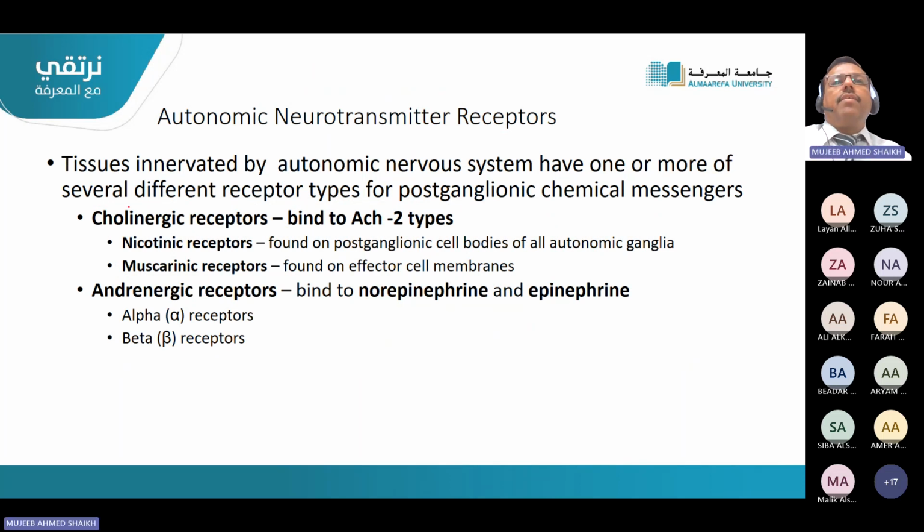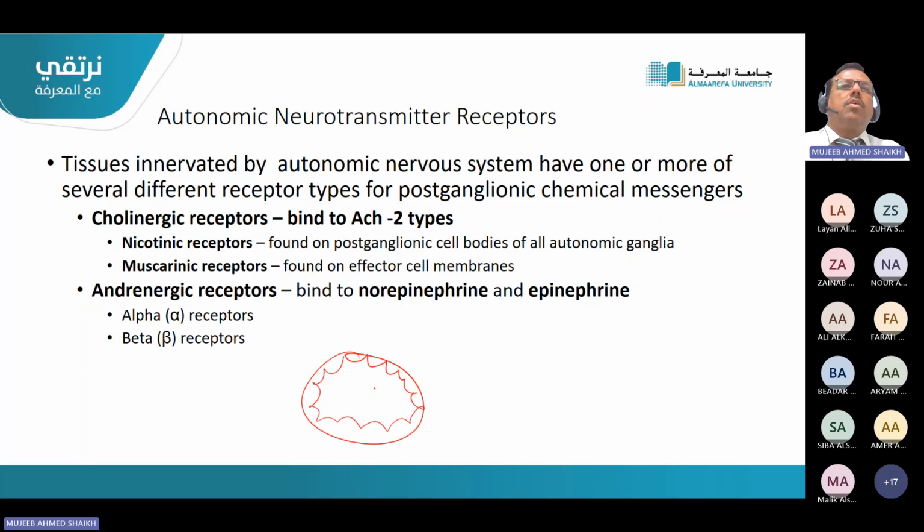So tissues innervated by the autonomic nervous system have one or several different types of receptors for the postganglionic chemical messenger. Suppose this is a gland which is receiving both sympathetic and parasympathetic supply.